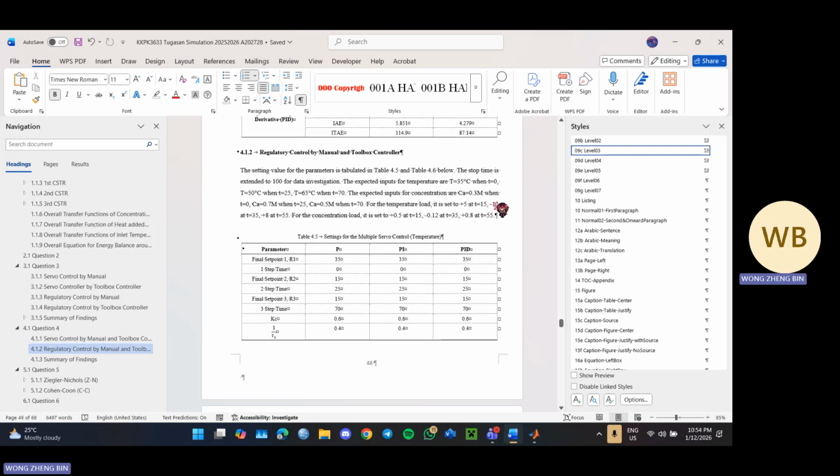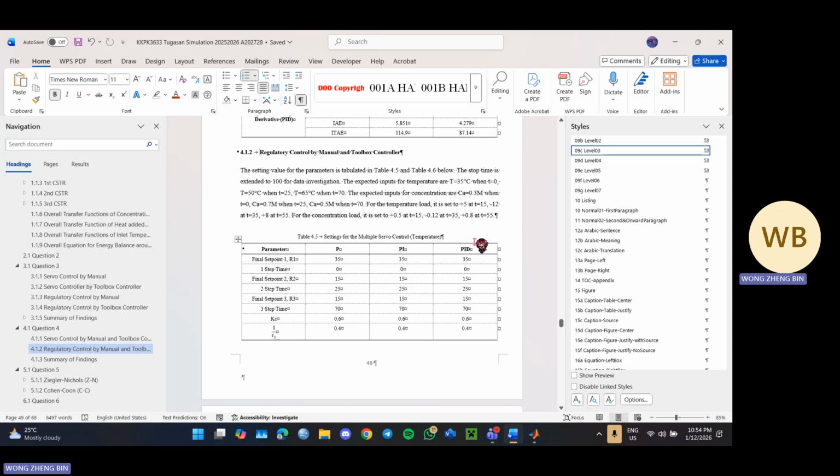The expected inputs for temperature is T equals 35 degrees when time is 0, T is 50 when the time is 25, and T is 65 when time is 70. So basically it's a 15 degree increment for every step.